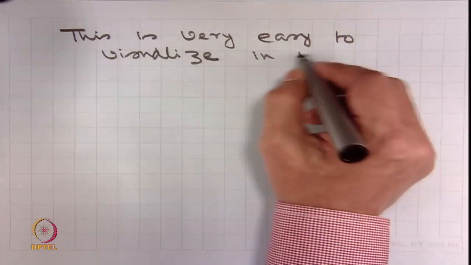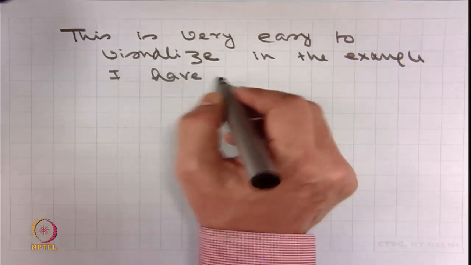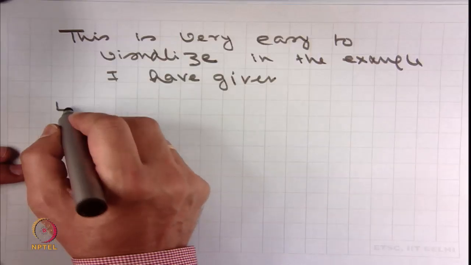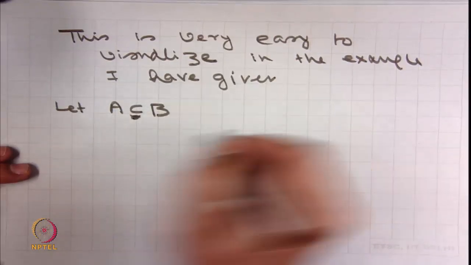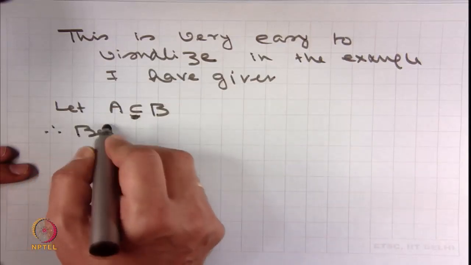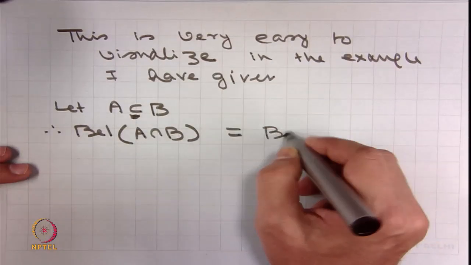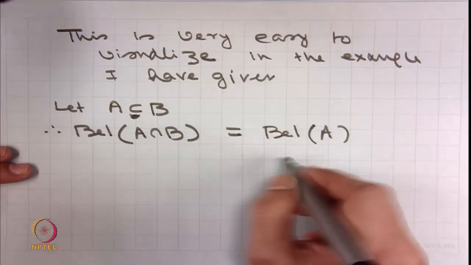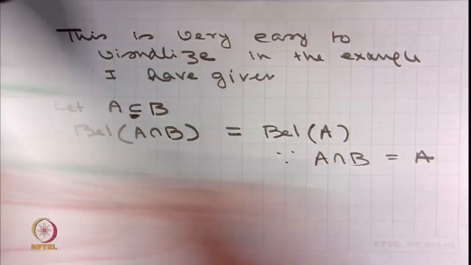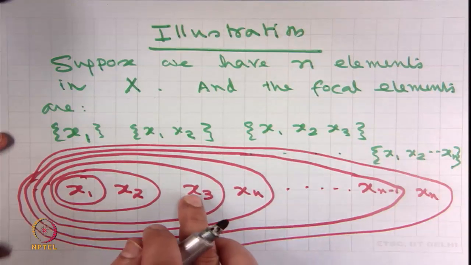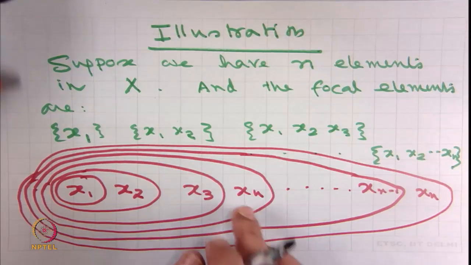In the example that I have given, let A be contained in B, strictly contained in B. Therefore, belief of A intersection B is equal to belief of A, since A intersection B is equal to A. And we know that as we are going to add one more element, with each addition the belief increases.